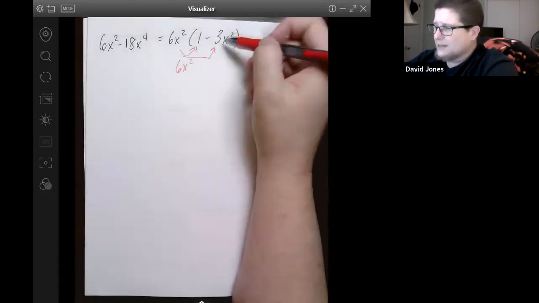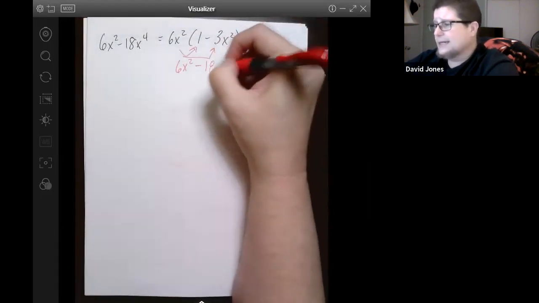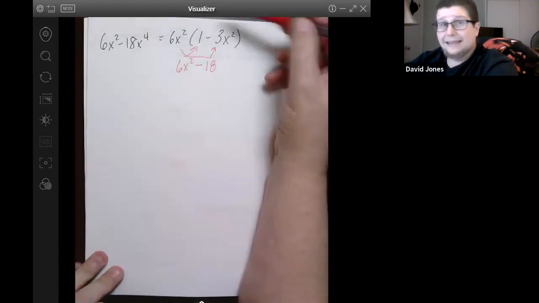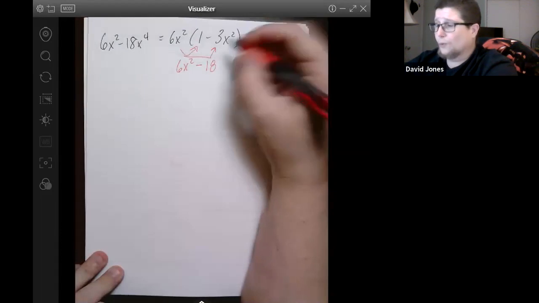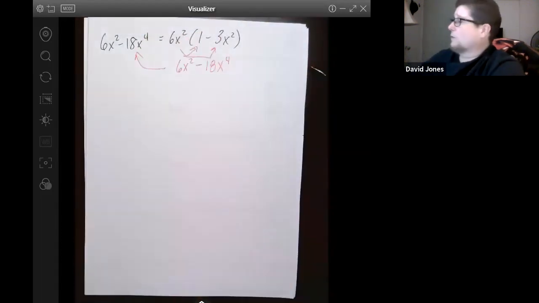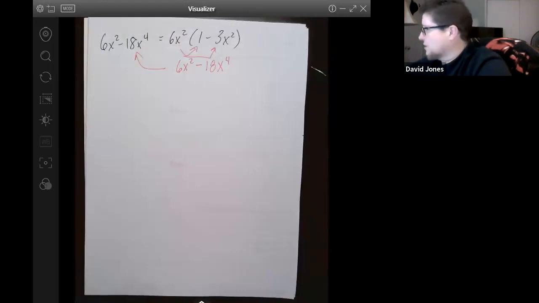I've got 6 times negative 3 is negative 18, and x squared times x squared, I add the exponents, 2 plus 2 is 4, so x to the 4th. And notice we have back what we started with. So that's what I meant by checking it, and it's fairly straightforward to do.